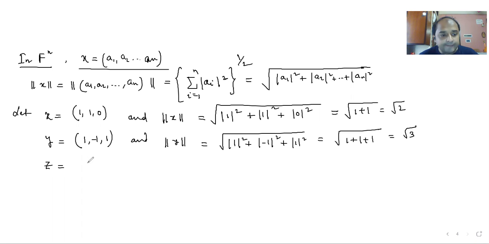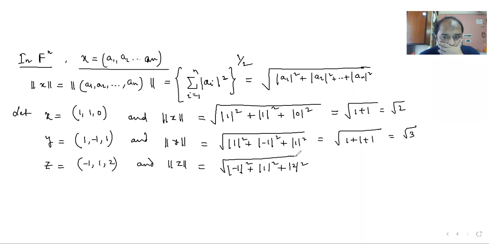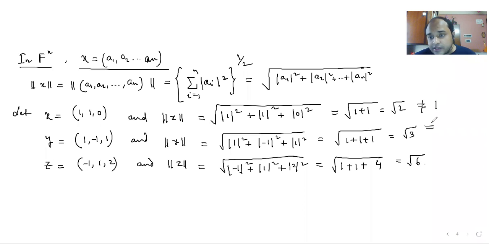And the vector z is (-1, 1, 2), and so the norm of z is equal to the square root of 1 plus 1 plus, and this is how much, 4, which is root 6, which is not equal to 1.